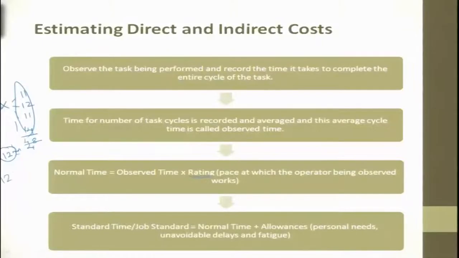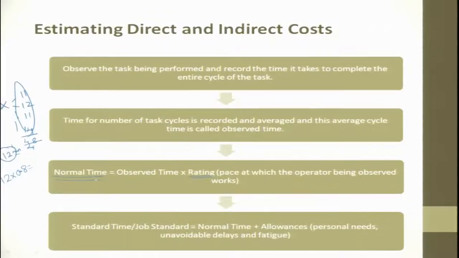So generally what we do is, we take 12 minutes and then we multiply it with a factor of 0.8. That means to say 80% of the time he will do it more focusedly. So 12 into 0.8, that will be the normal time which is taken.